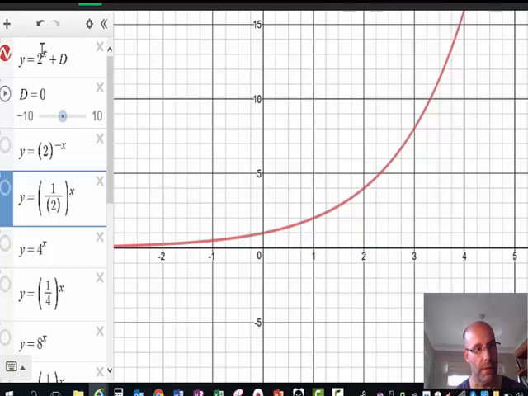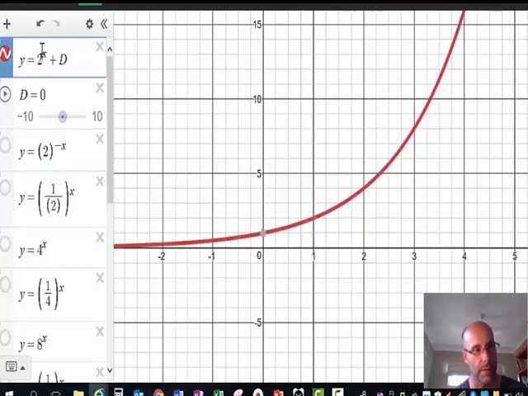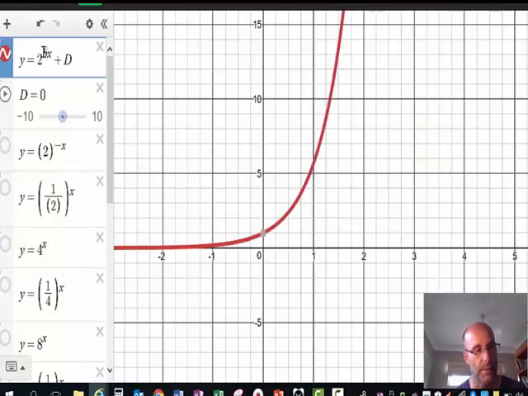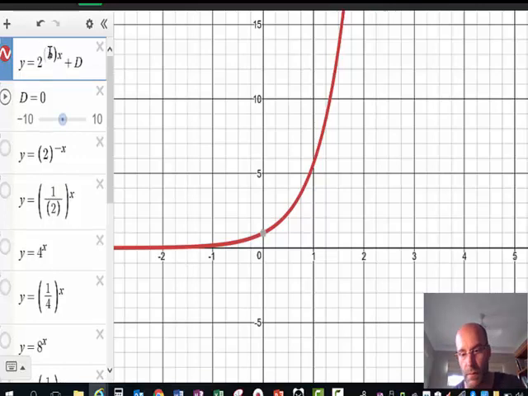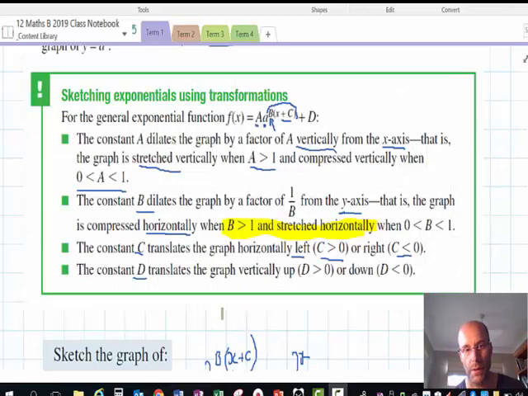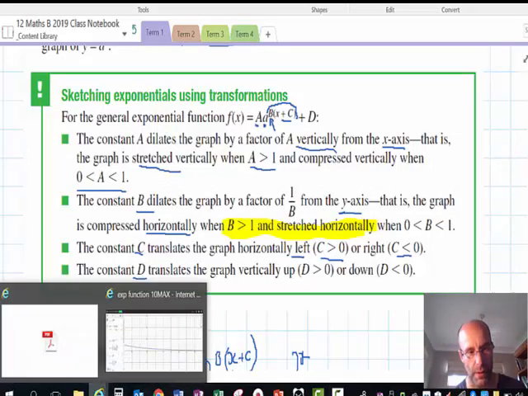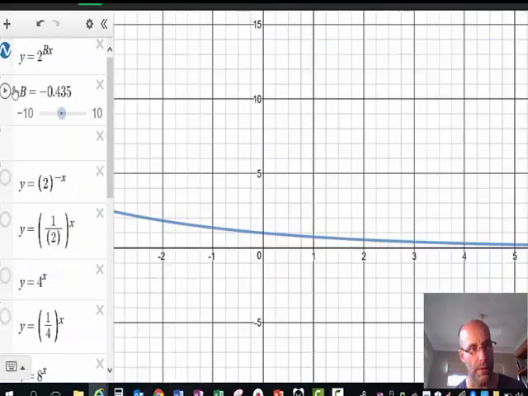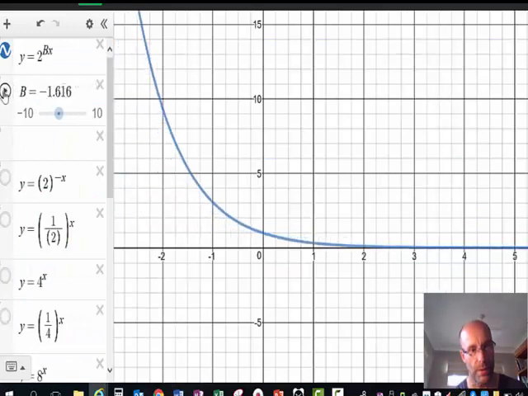So if we have this red graph again, and if I put in b there and add that in as an extra parameter, this compressing horizontally looks a bit like this.